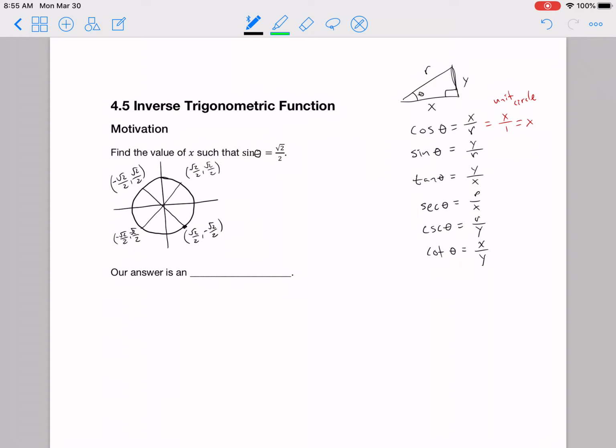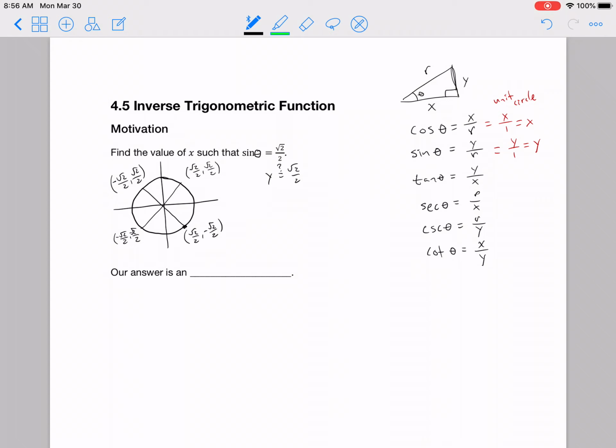Well, this is going to be true whenever the y coordinate, because you look over here at sine, right? On the unit circle, it's y over 1, and so it equals y. And so what we're looking for is, for what angle theta does y equal square root of 2 over 2?